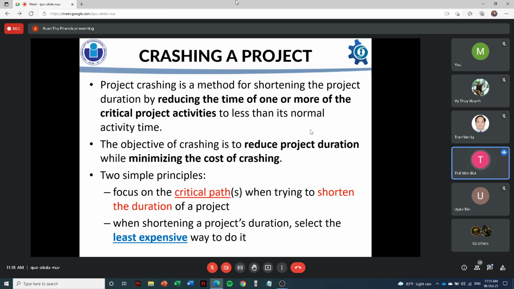Project crashing is a method for shortening the project duration by reducing the time of one or more of the critical project activities to less than its normal activity times. What is the objective of project crashing? The objective is to reduce project duration while minimizing the cost of crashing, because of the trade-off between time and cost.